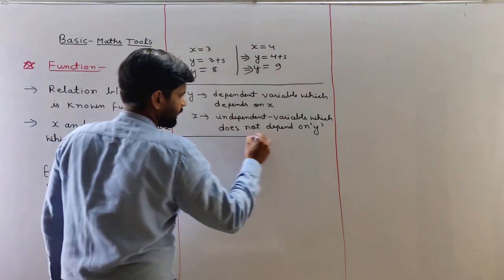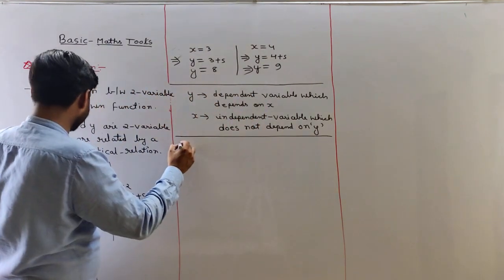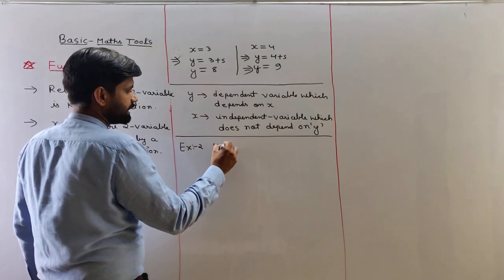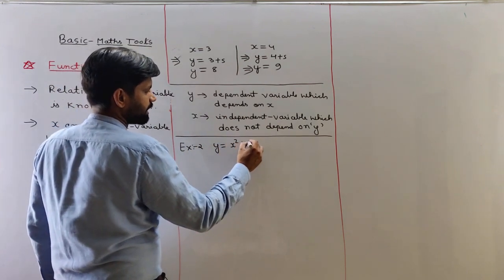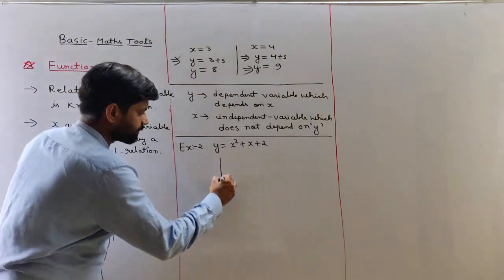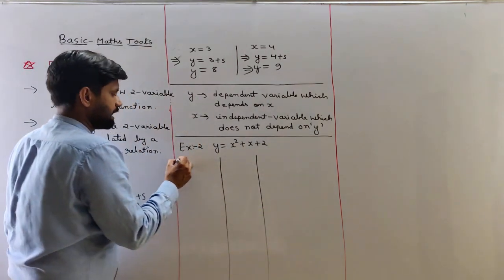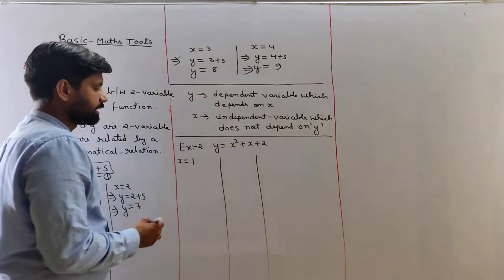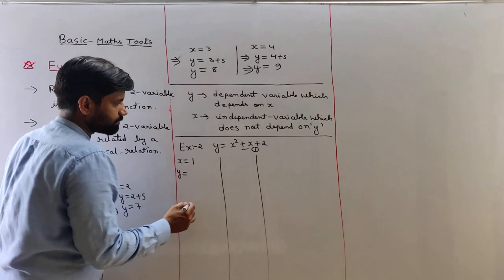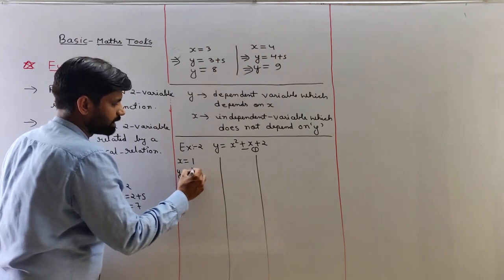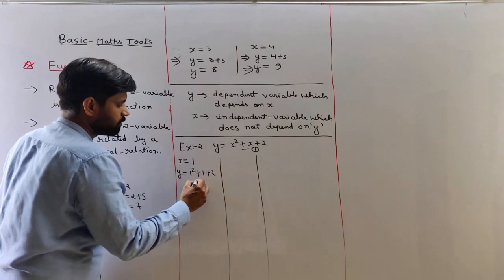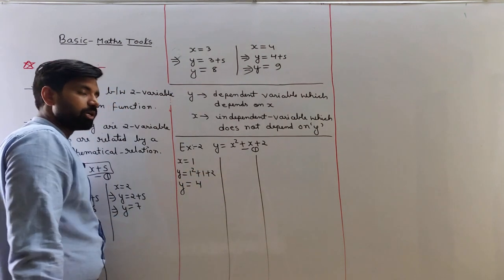Let's take another example, example number 2. Let's suppose y is equal to x square plus x plus 2. If we put x is equal to 1 in equation 1, then y is equal to 1 square plus 1 plus 2, that is equal to 4. We get y is equal to 4.